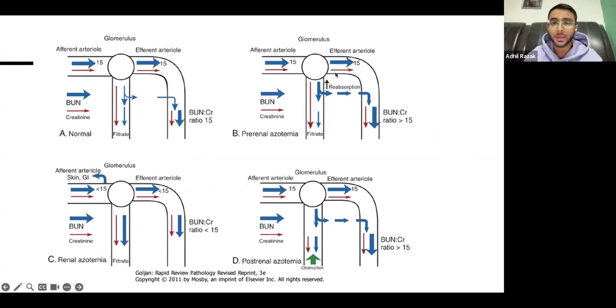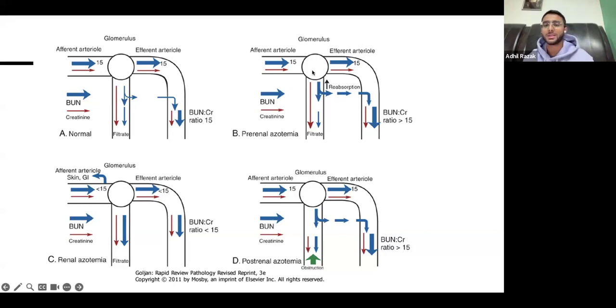What happens with pre-renal azotemia is usually a volume depletion. It could be due to hypovolemia directly, or congestive heart failure, where there's less fluid going into the kidneys. So the cause is before the kidney itself, so pre-renal.